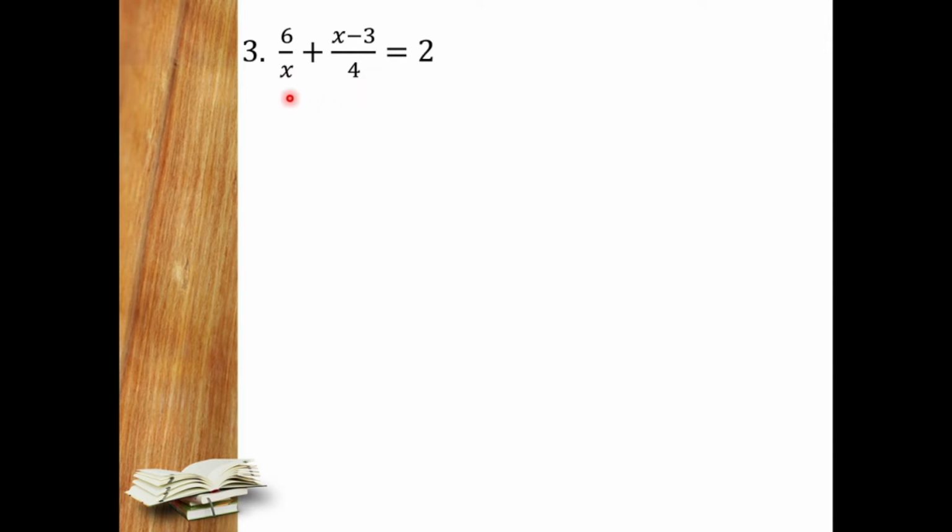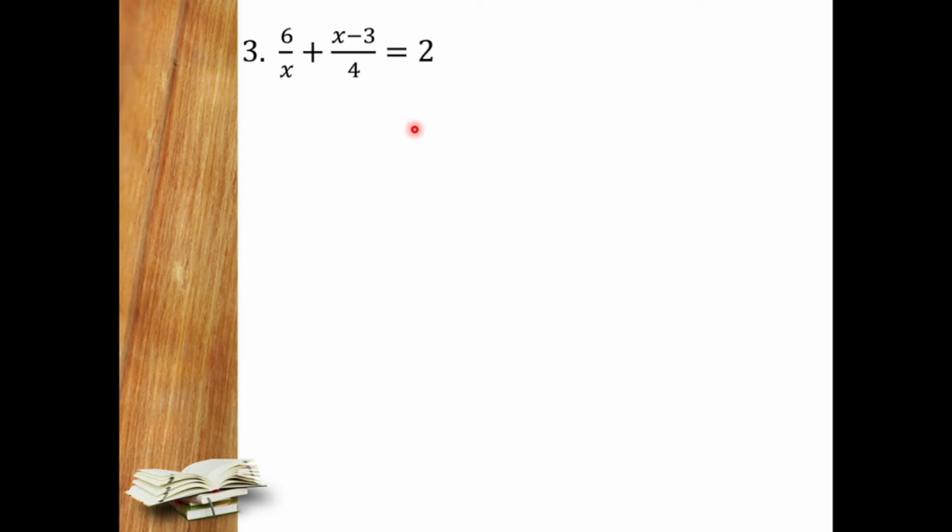We are going to determine the LCD of the two terms. Itong dalawang terms natin. What is the LCD of 6 over x and x minus 3 over 4? Okay, so the LCD is 4x, or the least common multiple of x and 4 is 4x.